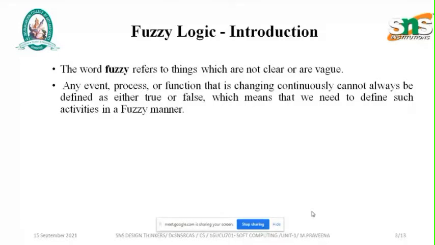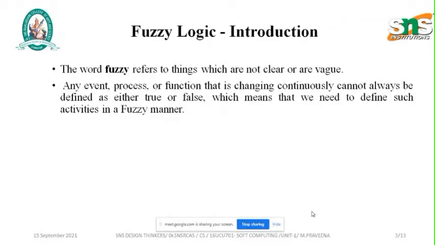So we need to define the activities in a fuzzy manner. So what is fuzzy manner? Fuzzy manner means there is a range of values.